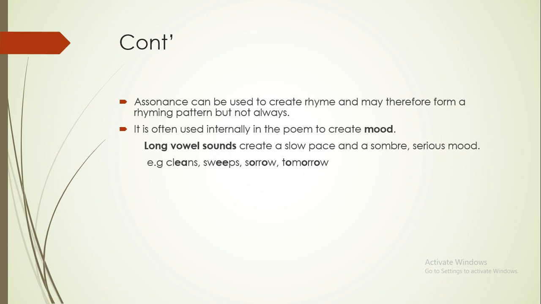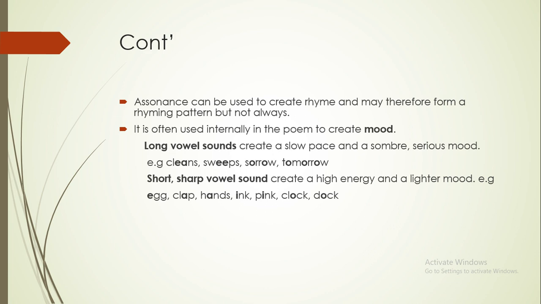Look at the vowel sounds that have been bolded in those words and you'll be able to see where the long vowel sound is. Short, sharp vowel sounds create a higher energy and a lighter mood, and therefore mainly they are used in very happy poems. And when you read, you'll find that you can easily master it and flow in it and enjoy it.